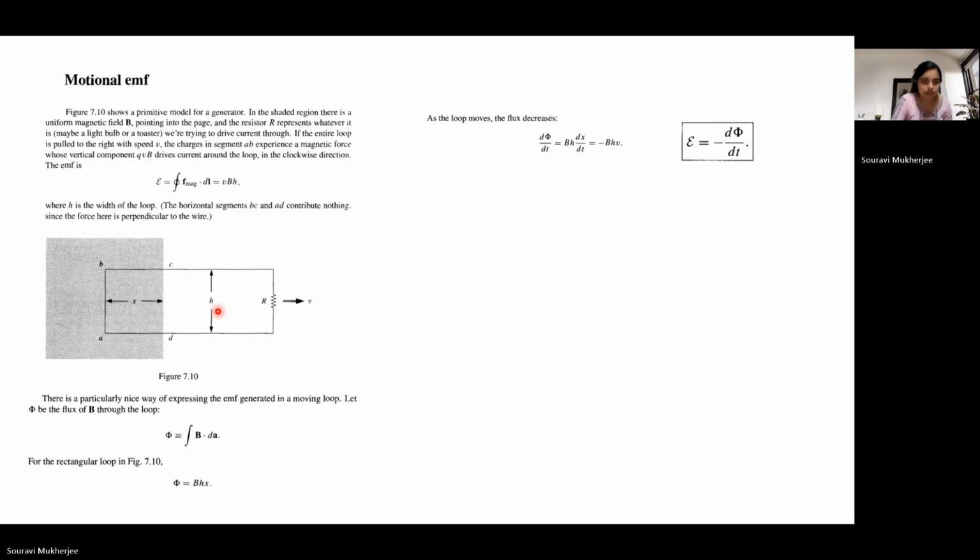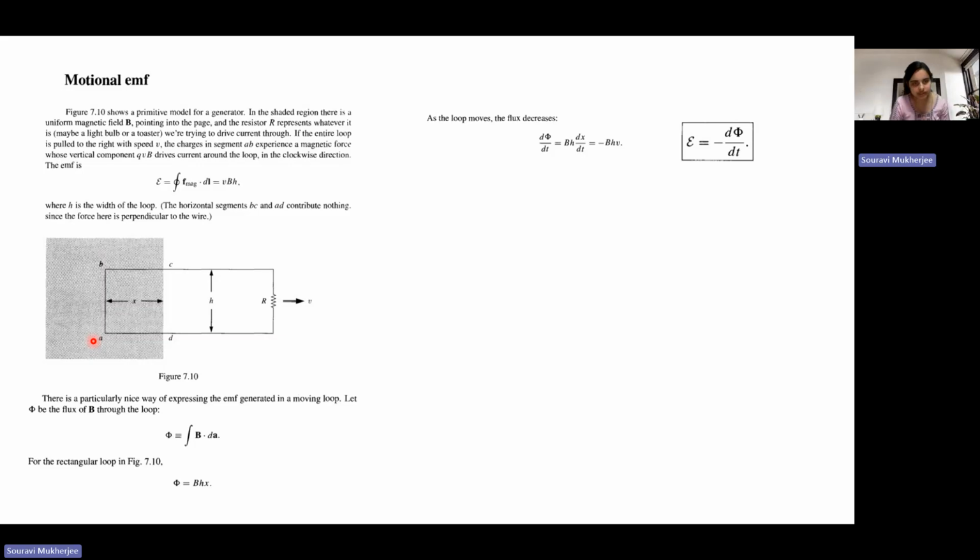So this EMF was considered to be coming from the fact that you have this loop moving. What was seen is that if you have this closed loop, some conductor, and you are moving it at some velocity v, and here you have a net magnetic field, effectively what you have is moving charges in a magnetic field, right?